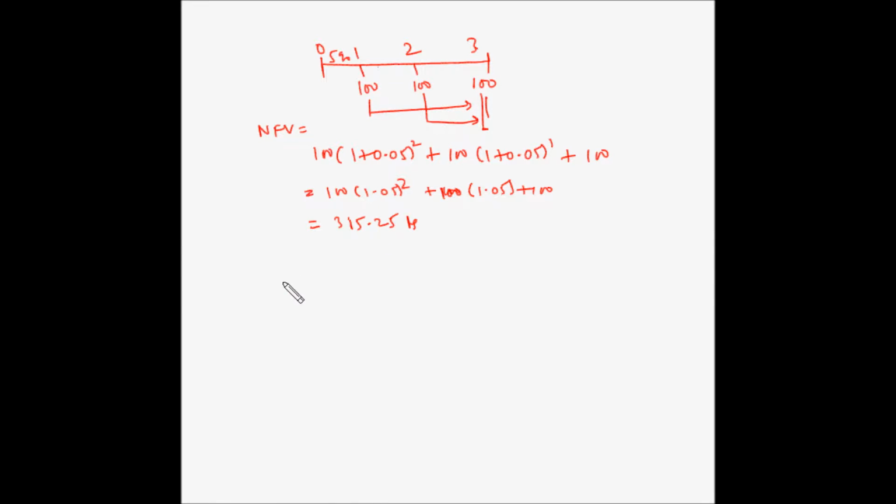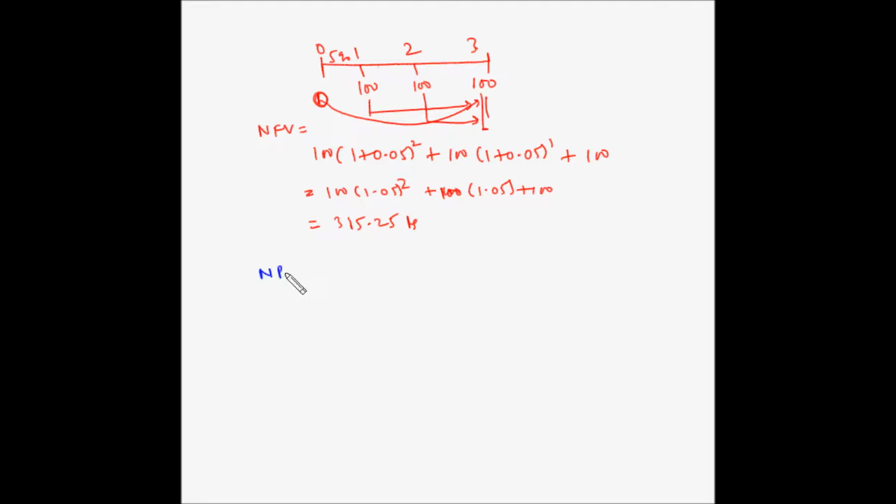cash flow stream. Now let's use a different method. Let's first find out the net present value and then we will find the net future value. So the net present value will give us a lump sum and then we will find the net future value of this lump sum.